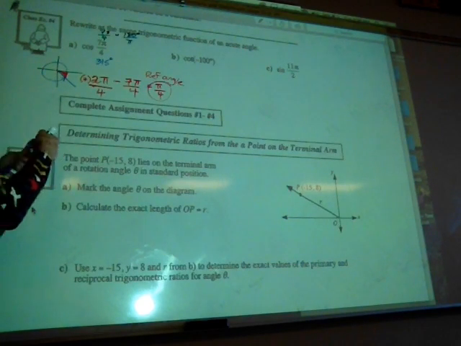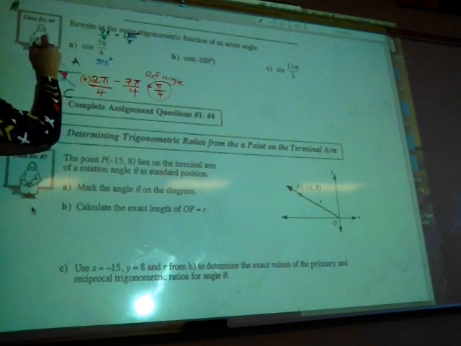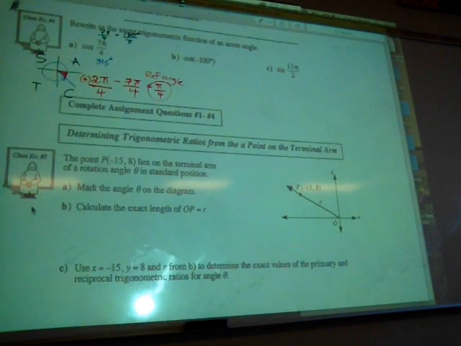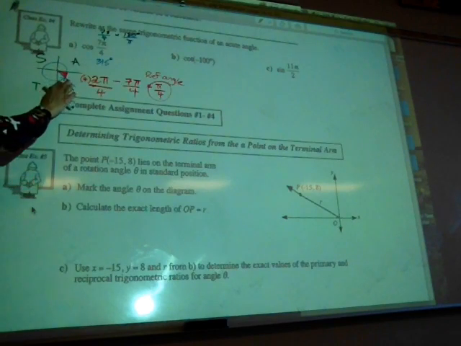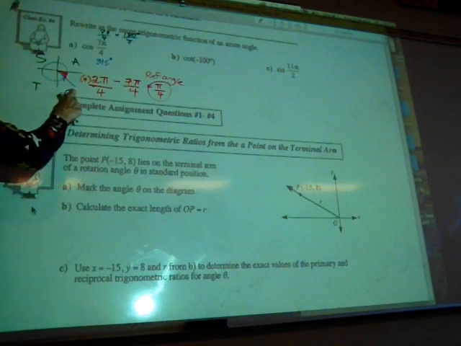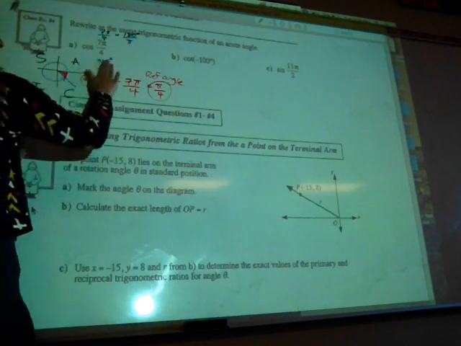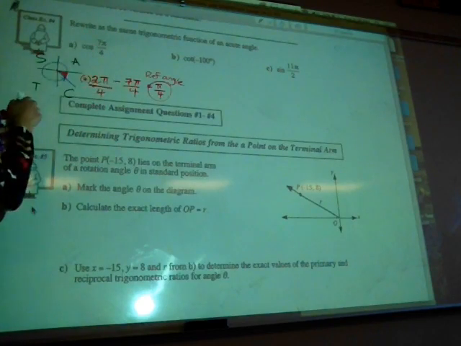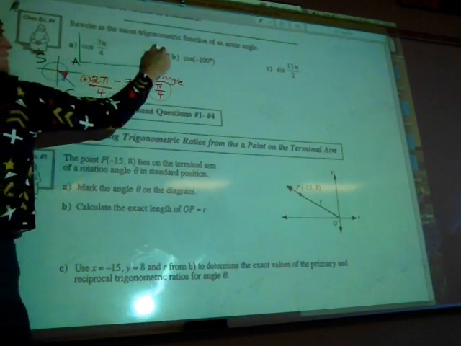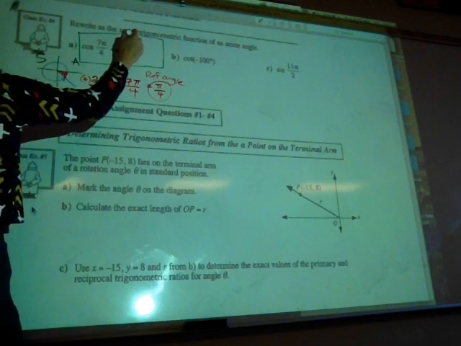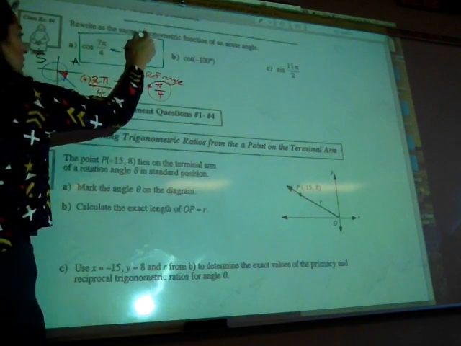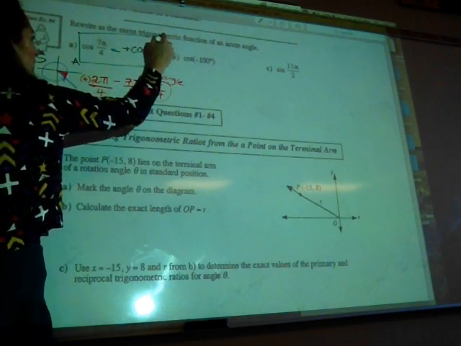Now we have to use the CAST rule and decide, is cosine positive or negative in quadrant 4? It terminates in quadrant 4, cosine is positive. So the equivalent trig ratio for cosine 7 pi over 4 would be positive cosine pi over 4.